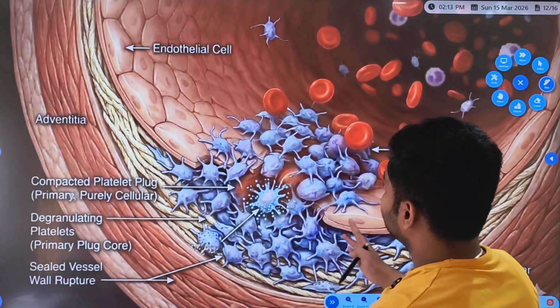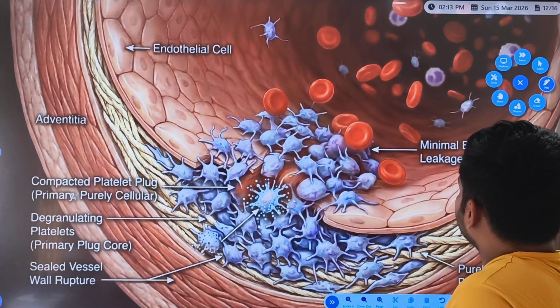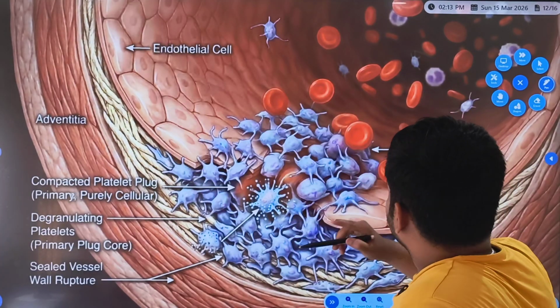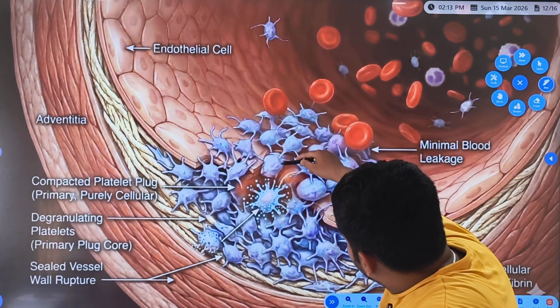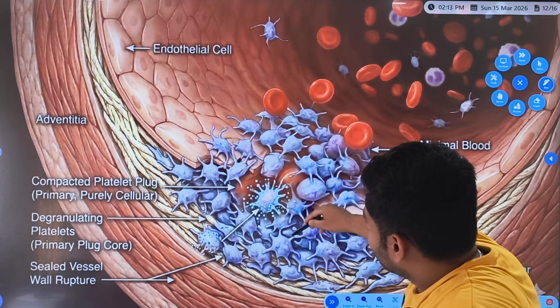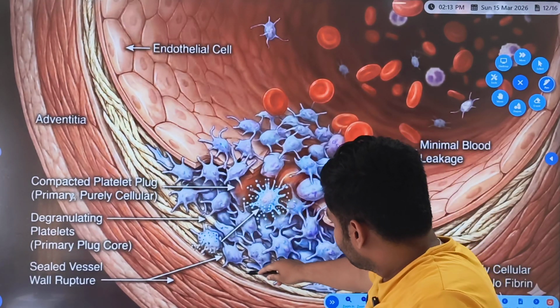Now you can see I have brought yesterday's diagram itself. Here you can see platelets are coming, right? The primary plug is formed. This is collagen.